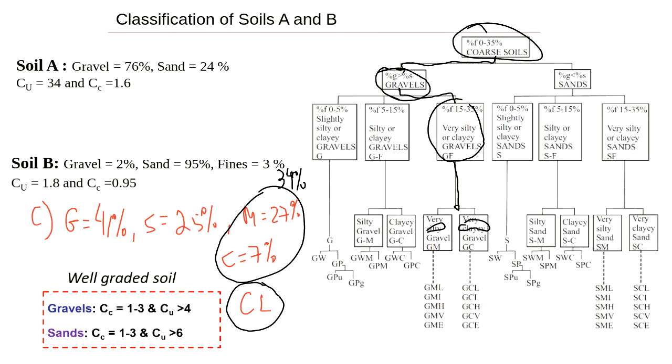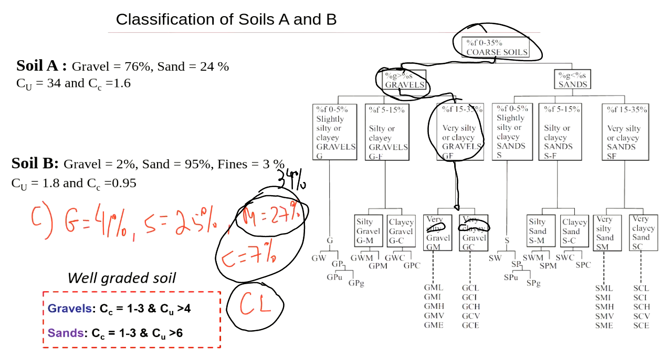Even though here we have more silt, 27, the soil is classified as clay. So please don't make this mistake. About 20-30% of students make this mistake because they probably don't listen to me.